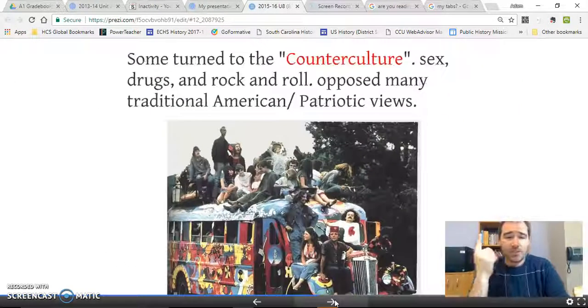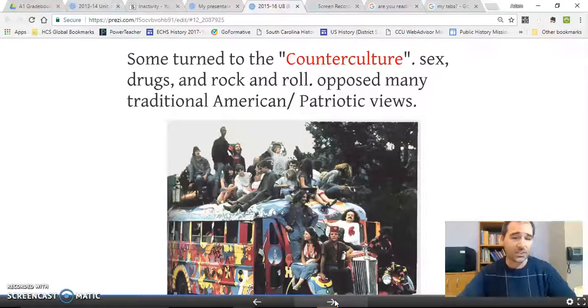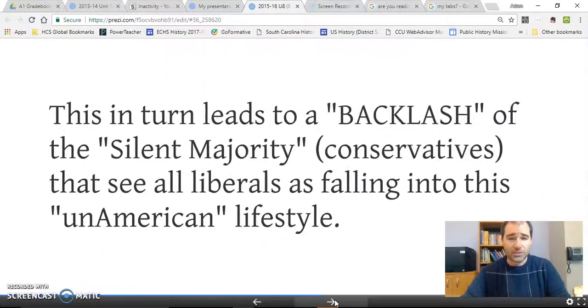And some of these baby boomers become members of the counterculture. Sometimes you'll call them hippies. Hippies is a subsection of this subsection called the counterculture. This is sex, drugs, and rock and roll, right? And they're opposing what some people would call a traditional American view. Conservatives backlash against the counterculture, right?